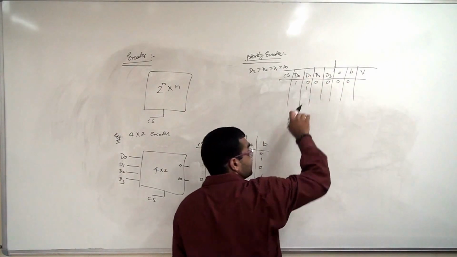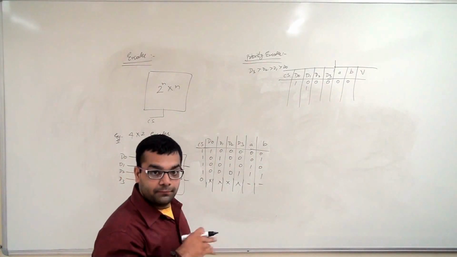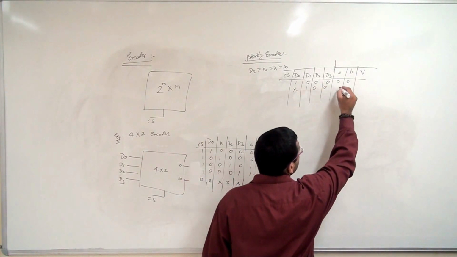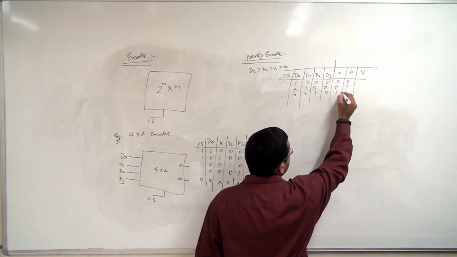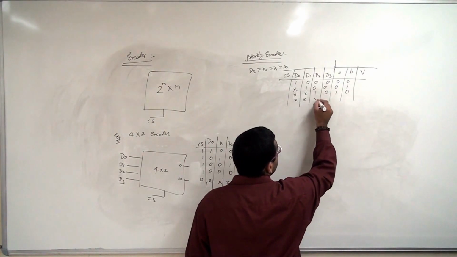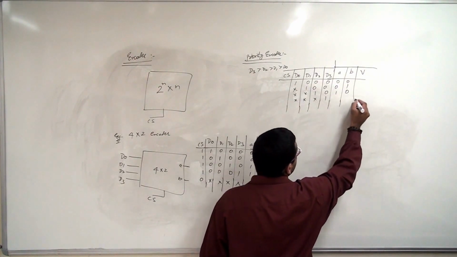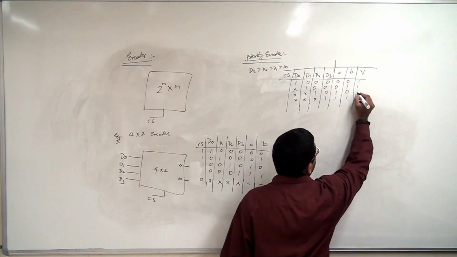Now if this is 1, that means a higher priority input is 1, whatever the value of the lower priority input, that will have no effect on the output. So in all these cases, these are all valid inputs.